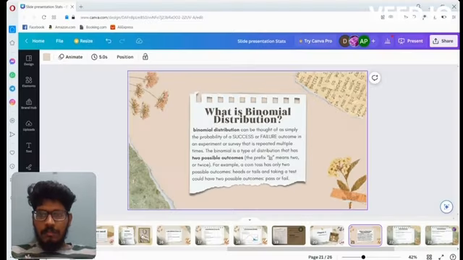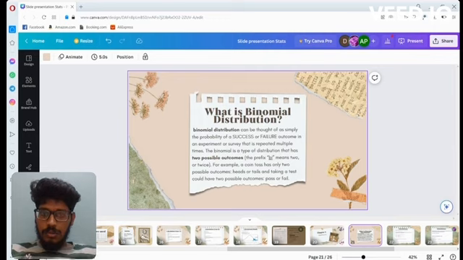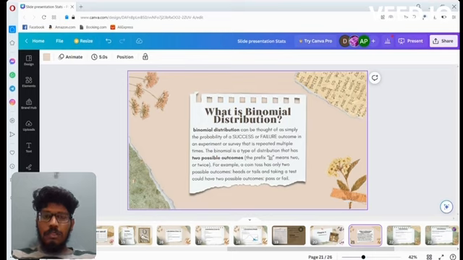Hi everyone, my name is Afshin, matrix number CN0251. Today I'll be sharing about binomial distribution. So what is binomial distribution? Binomial distribution can be thought of as simply the probability of a success or failure outcome in an experiment or survey that is repeated multiple times.